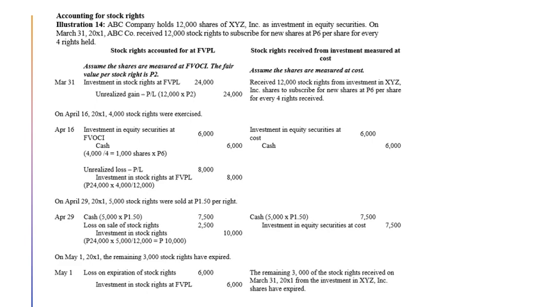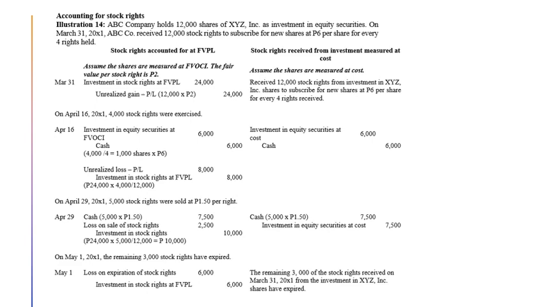On April 16, 4,000 stock rights were exercised. So, out of the 12,000, yung 4,000 lang yung ginamit niya. So, remember na hindi ibig sabihin na 4,000 yung stock rights na nagamit or na-exercise, 4,000 din yung number of shares. Hindi. Remember na ilan yung kailangan para makabili ng isang shares, kailangan ng 4.